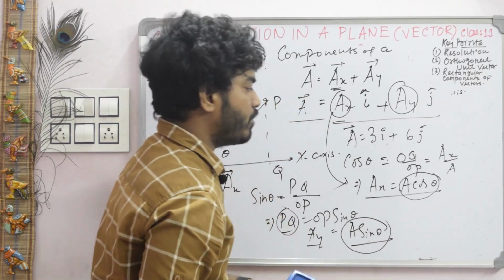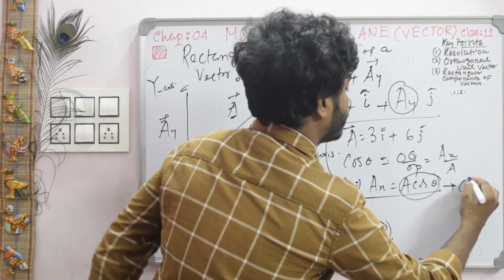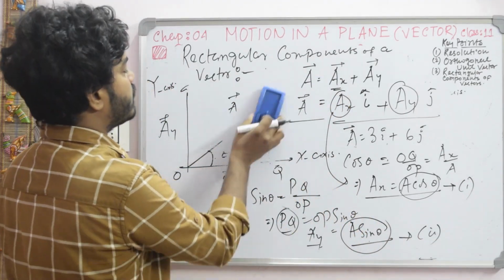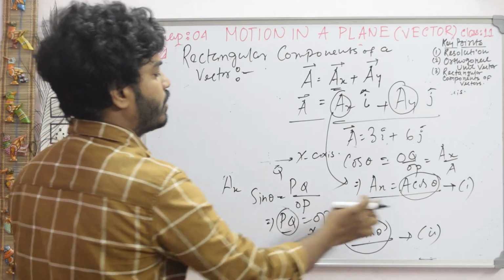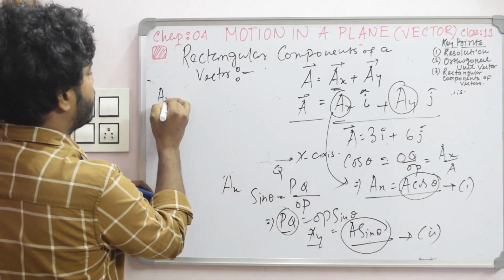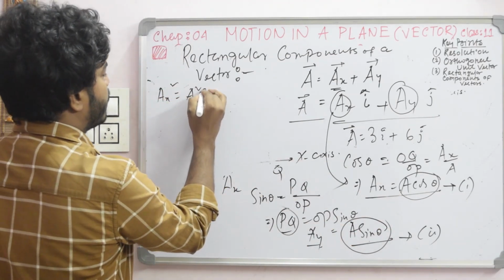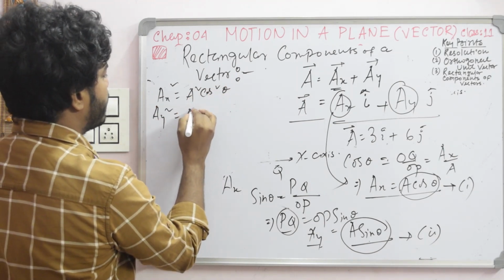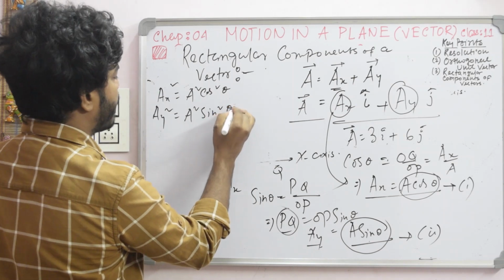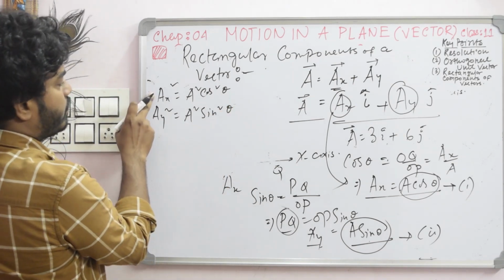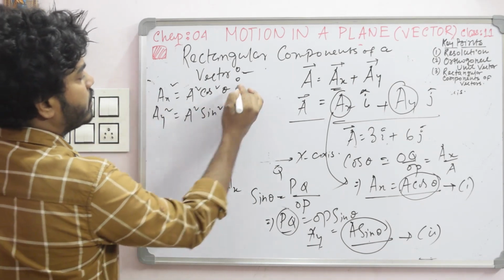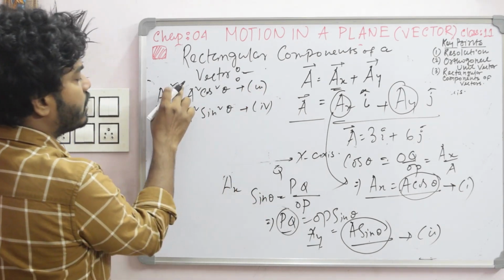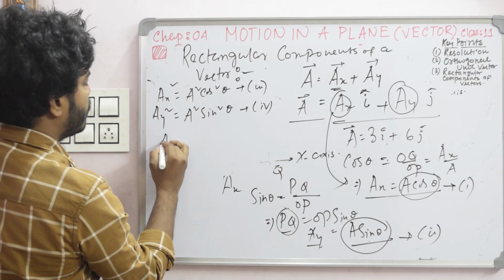Now suppose you name this equation 1 and this equation 2. Now you square equations 1 and 2. Ax square is A square cos square theta, and Ay square is A square sin square theta. Now you add these equations. Suppose this is equation 3 and this is equation 4. Adding equations 3 and 4, what will happen?